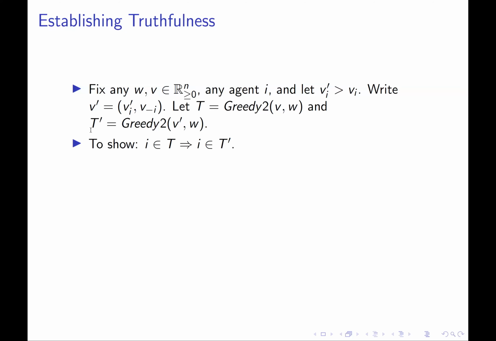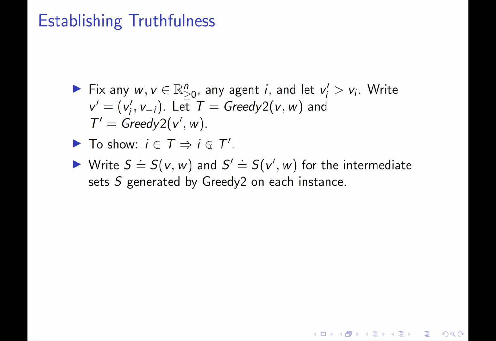And just to reiterate the thing that we need to show, it's that if bidder I is one of the winners in solution T when he bid truthfully, he should still be a winner when he misreports upwards. This is what the monotonicity property means. And towards showing this, I want to consider the sets S that are constructed greedily while we run this algorithm.